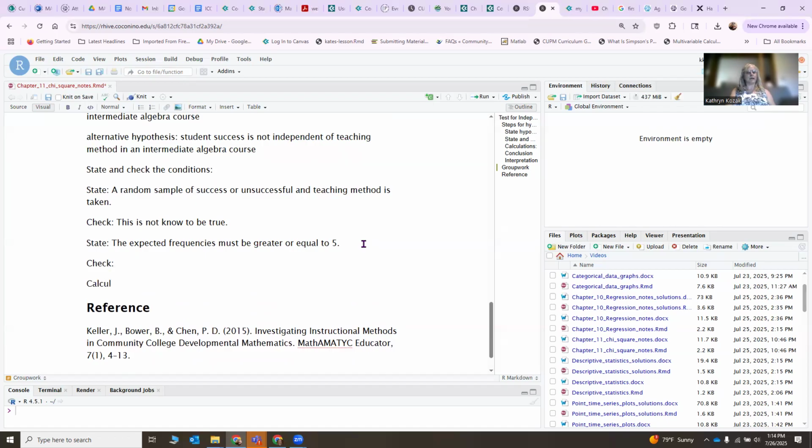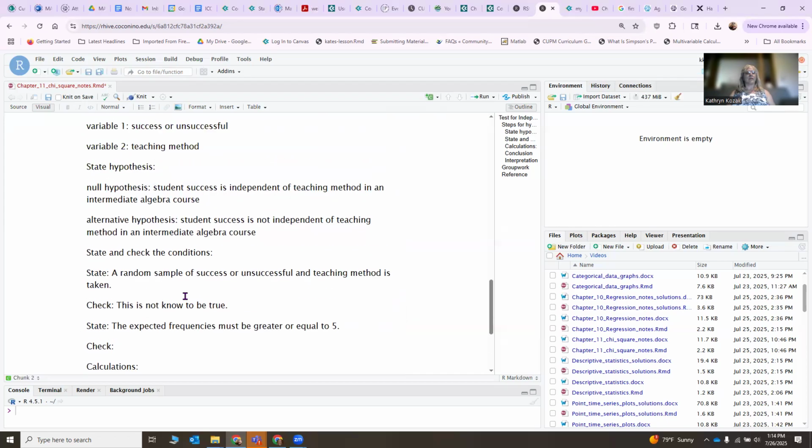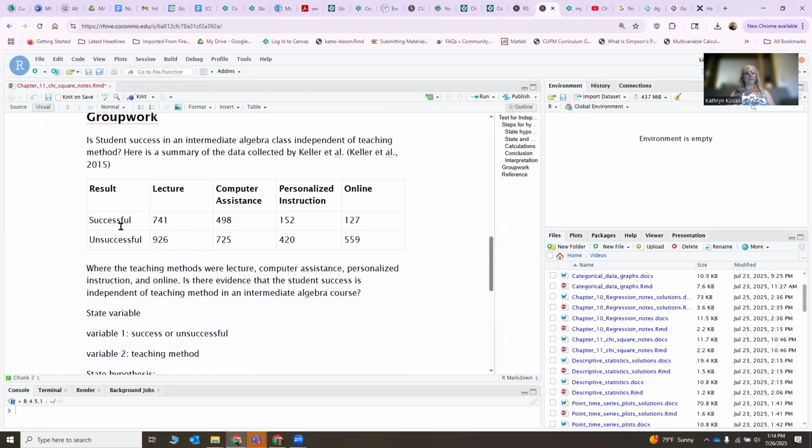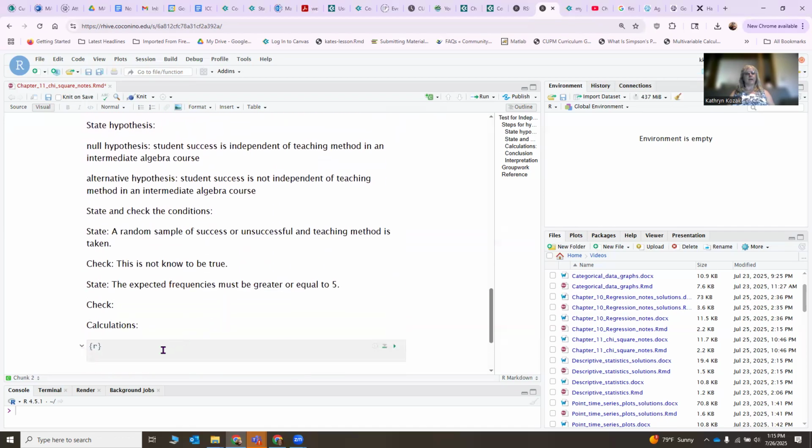So let's go do some calculations. This one's a little bit more work because I don't actually have the contingency table set up. I need to type these numbers in, and I'm going to forget what these numbers are. So let's see. We had success.